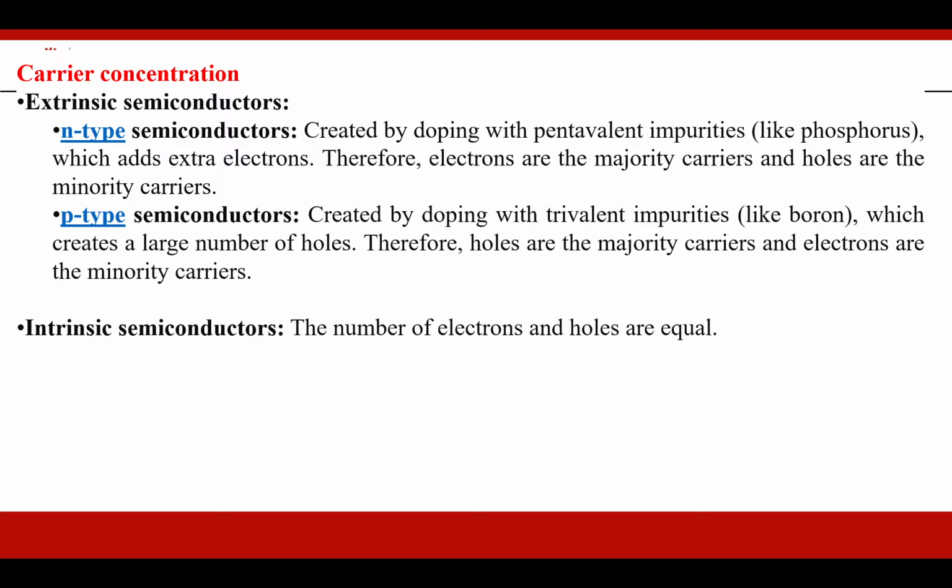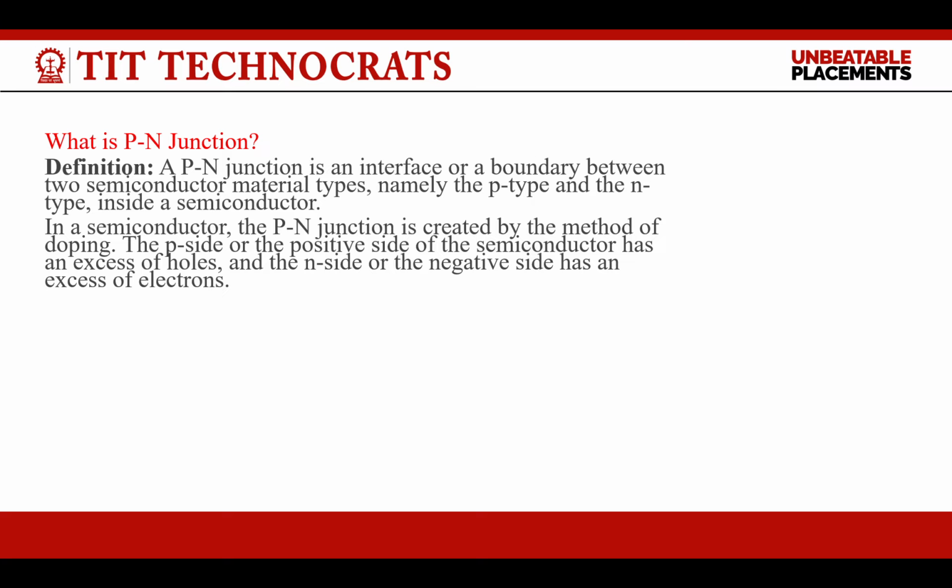Therefore, electrons are the majority carriers and holes are the minority carriers. And the p-type semiconductor is created by doping with a trivalent impurity like boron, which creates a large number of holes. Therefore, holes are the majority carriers and electrons are the minority carriers. And in the intrinsic semiconductor, the carriers, that is electrons and holes, are equal.